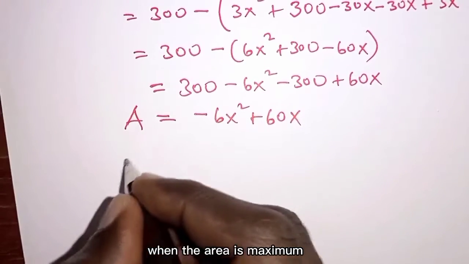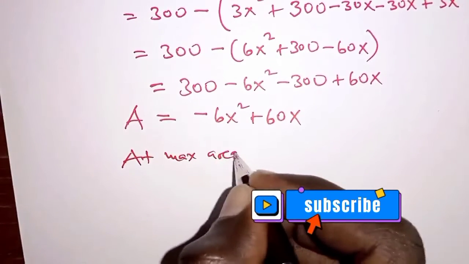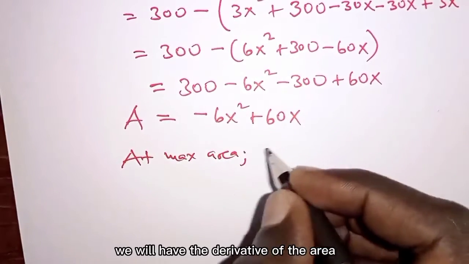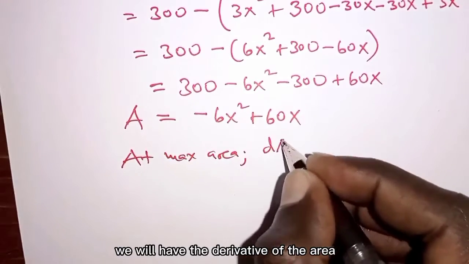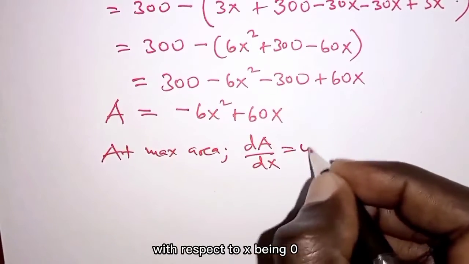When the area is maximum, we will have the derivative of the area with respect to x being 0.